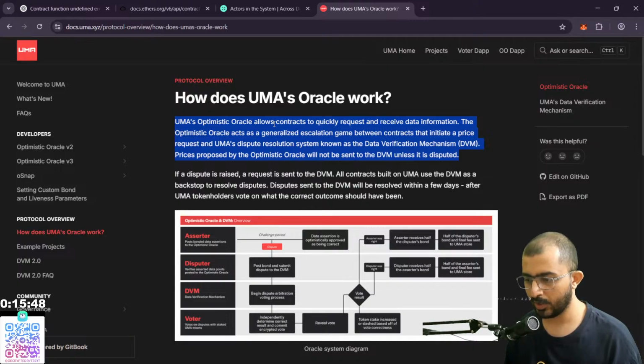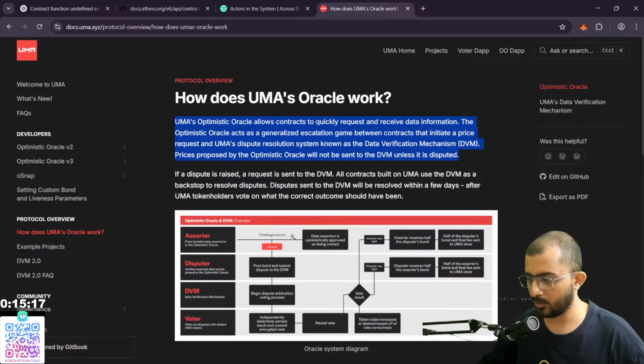The optimistic oracle acts as a generalized escalation game between the contract that initiates a price request and UMA's dispute resolution system, known as the DVM, data verification mechanism. A price proposed by the optimistic oracle will not be sent to the DVM unless it's disputed. If a dispute is raised, the request is sent to the DVM.